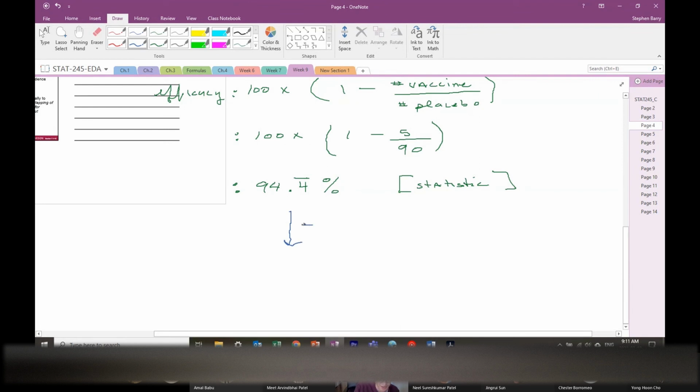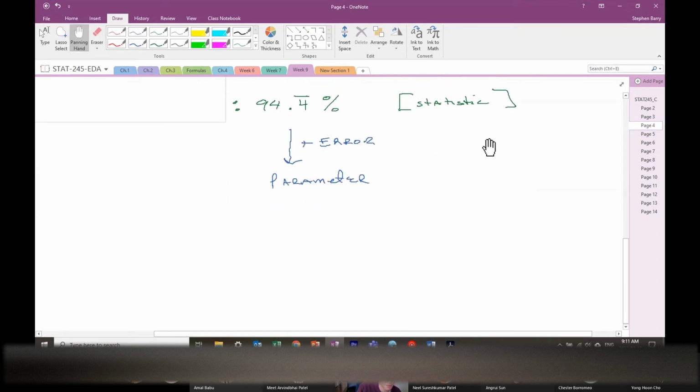So when you add the error bars, all of a sudden you're going to get a parameter. Right, you're going to get something, it's going to look like this. Plus error gives you a parameter, and the format in your formula booklet here.